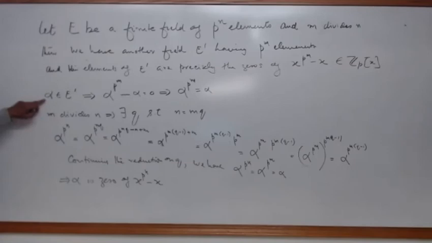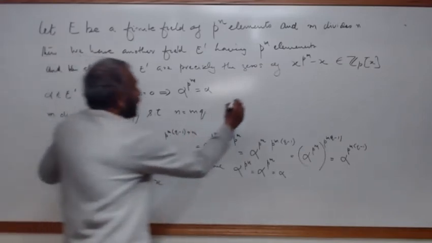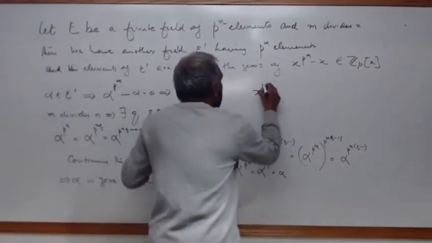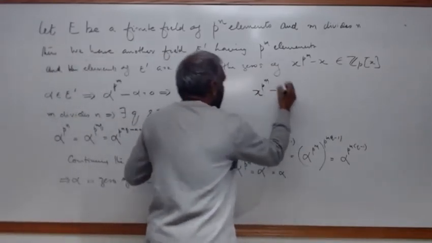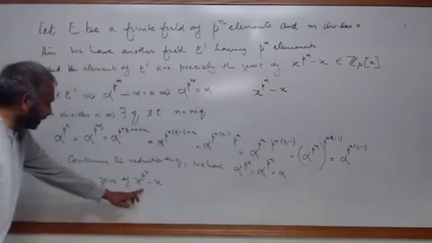We started with alpha in E, which is a 0 of x to the power of p to the power of m minus x. And we arrived at this.